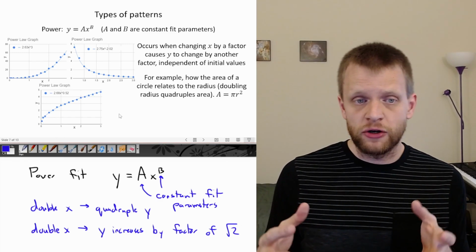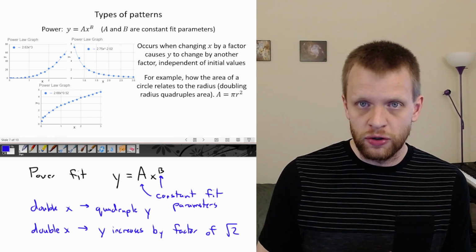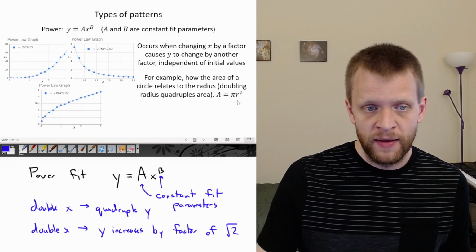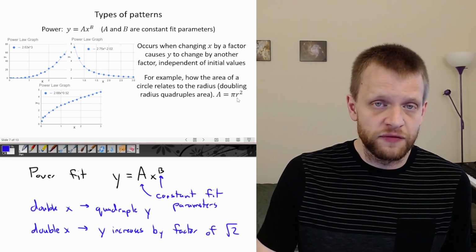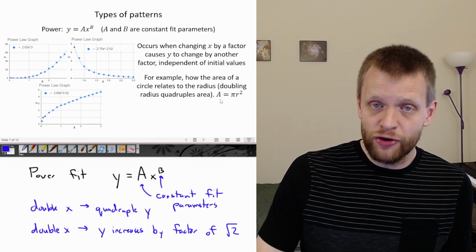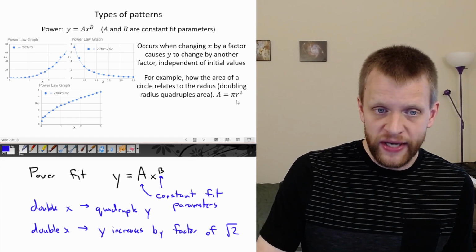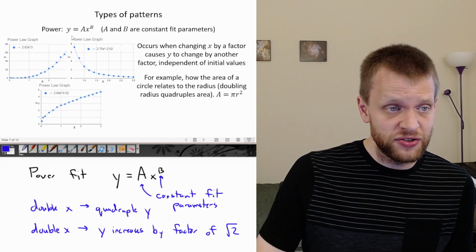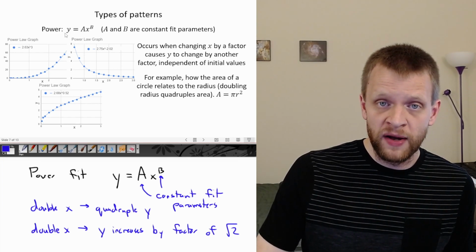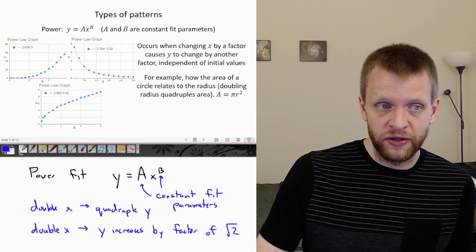So if you consider how the area of a circle relates to the radius, well, if I double the radius of a circle, you can find that the area will go up by a factor of 4. And this equation has a form that matches our power fit equation.